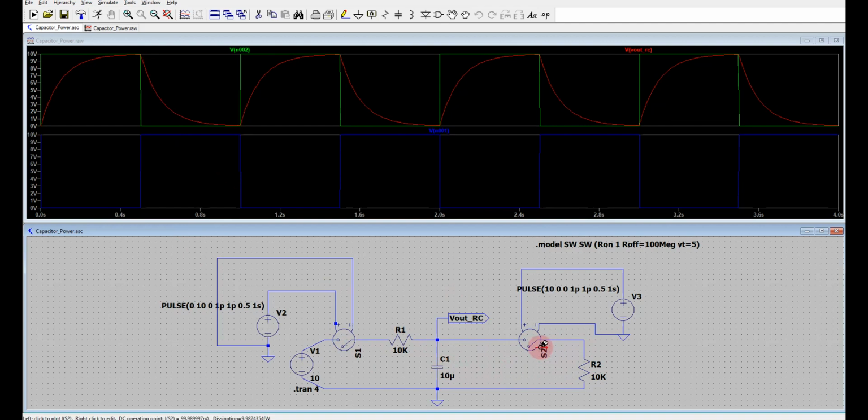Now what is more interesting is what is the power which will be consumed from here. Okay, what will be the power? If this is P, what will be the power in R1? It will be P by 2, right? Correct.